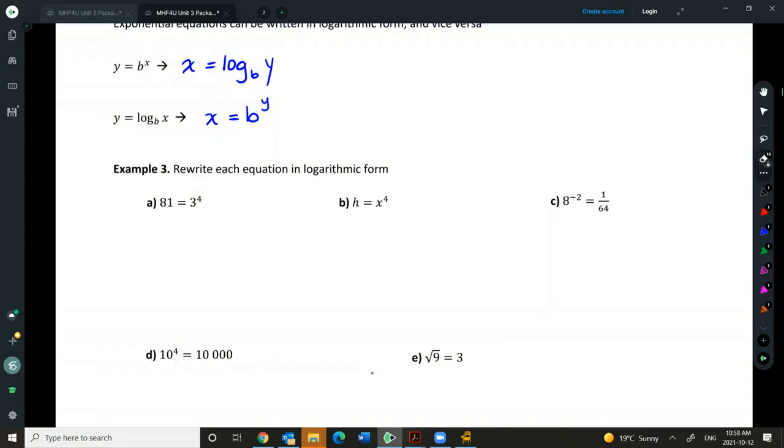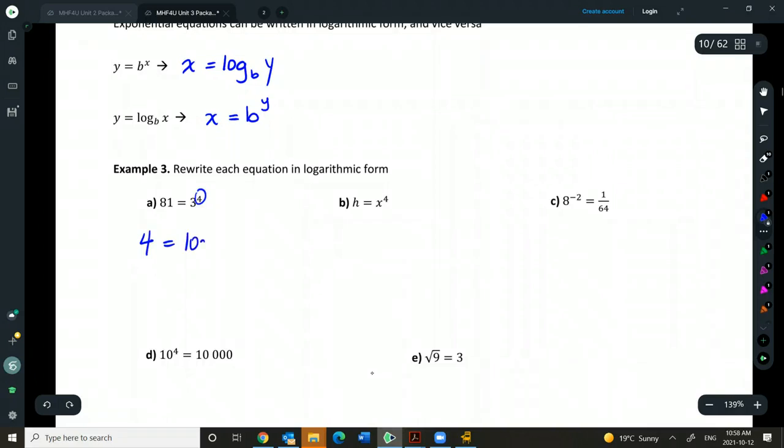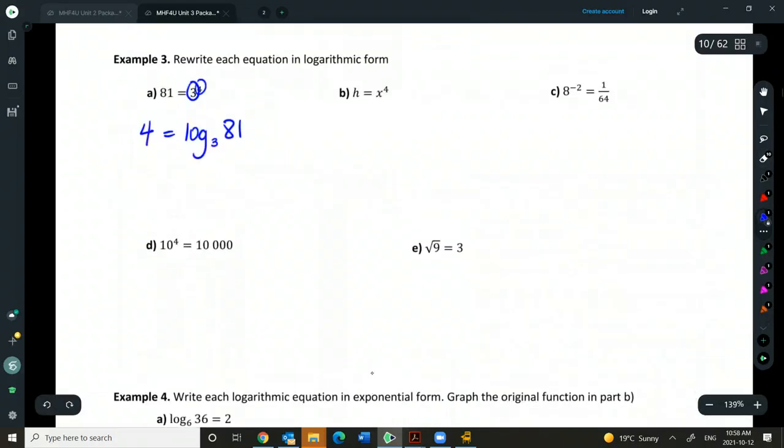So 81 equals 3 to the 4. The 4 is the answer. Okay, so I would write 4 equals log, base is 3, so that becomes a little subscript here. And the answer is what we would take the log of.